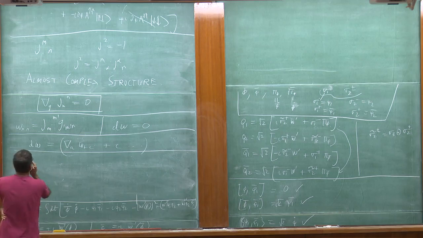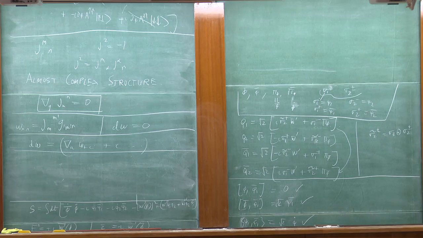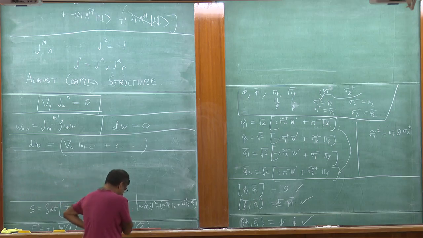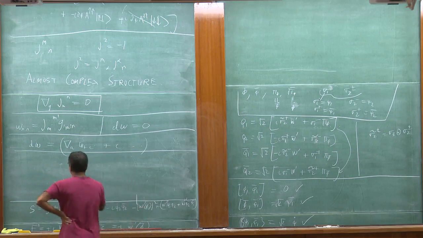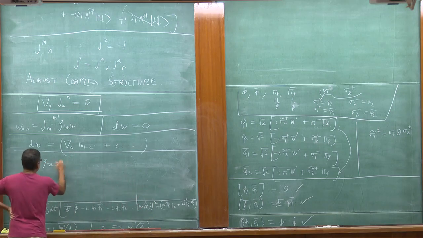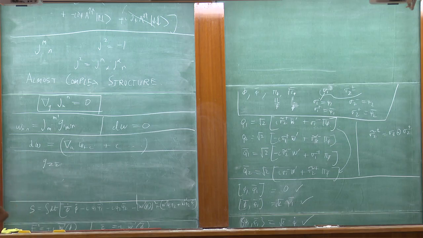Well, let's check. Yeah, I probably needed one more property. I'm sorry, I probably needed more property. Yes, you probably wanted that only G_z z-bar, you're right.